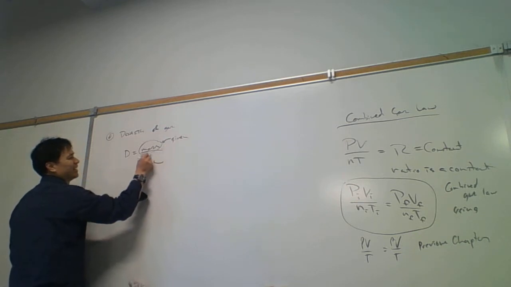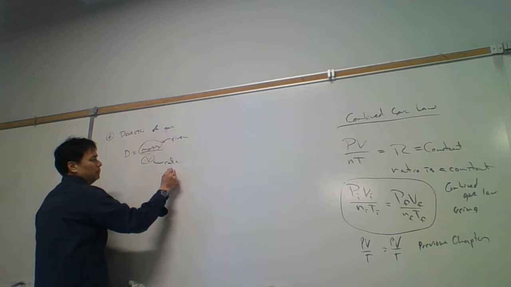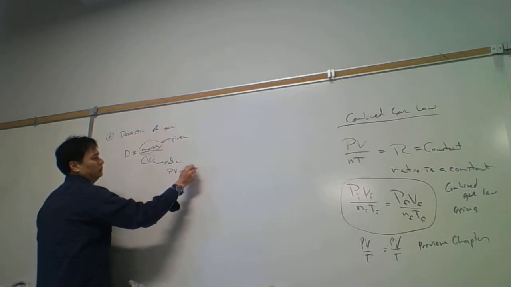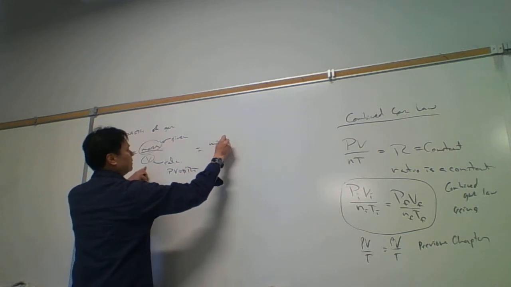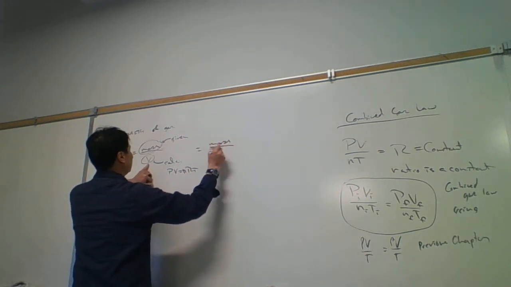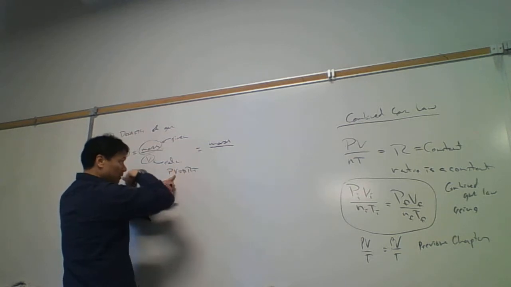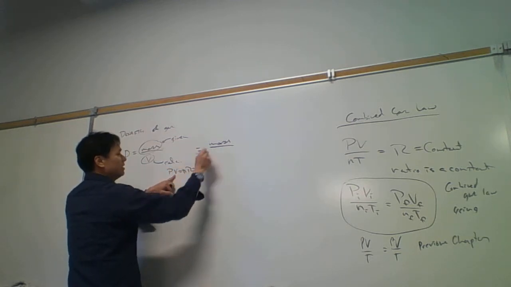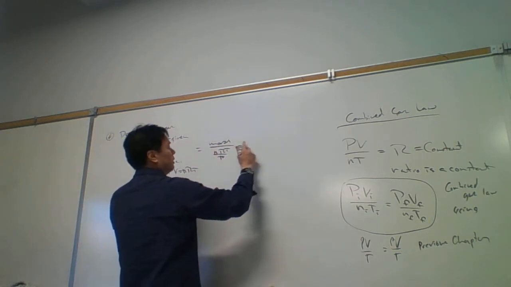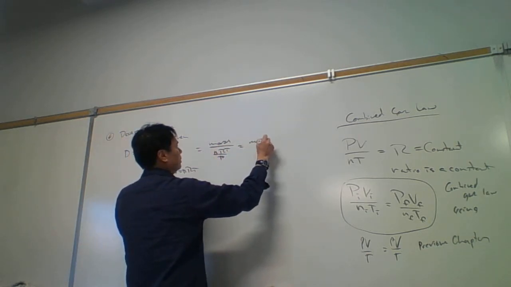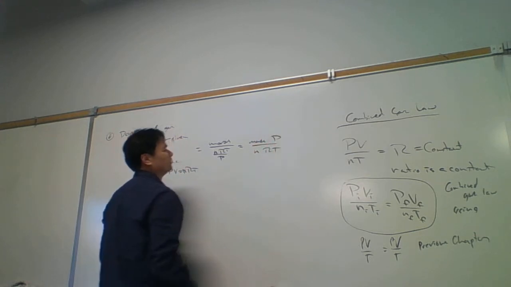The volume we can calculate using PV equals nRT. And so this is going to be the mass divided by, okay, solve this for V. We solve this for V, it's nRT over P. So this is going to equal the mass times the pressure divided by nRT.